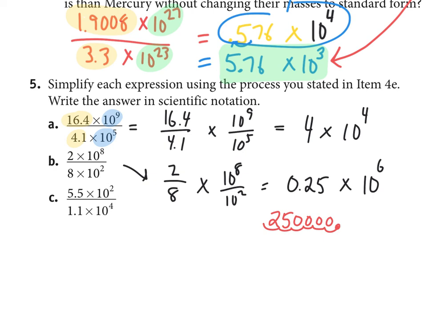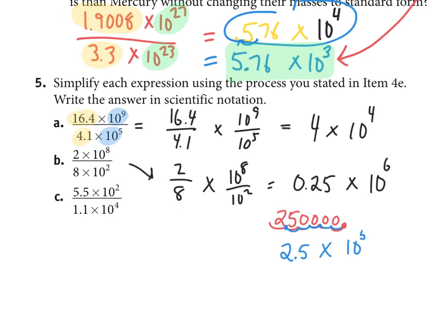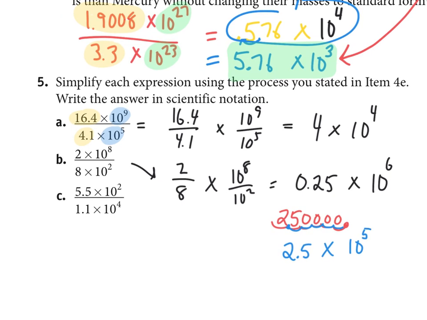To get that again into scientific notation, the decimal place should be between the 2 and the 5. It should be 2.5. And we can simply count the 1, 2, 3, 4, 5 digits after the decimal. So the correct scientific notation answer for part B would be 2.5 times 10 to the 5th power.